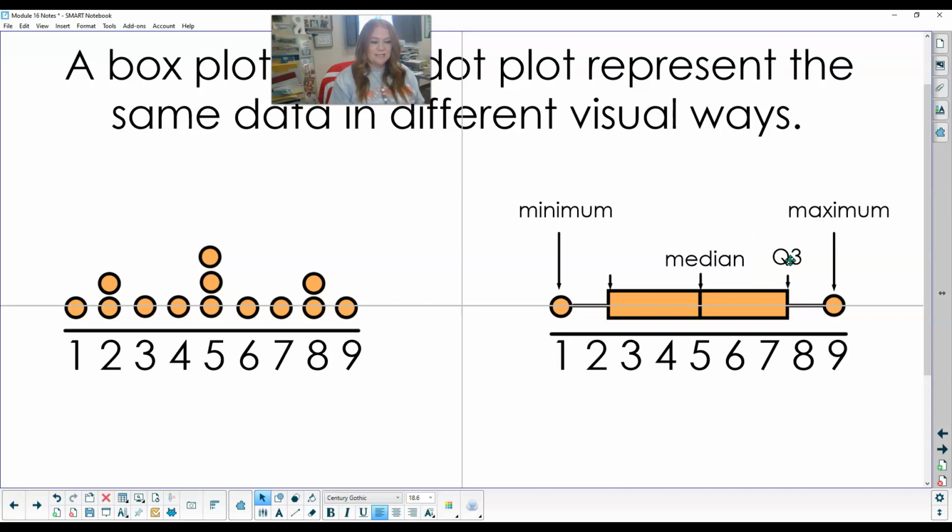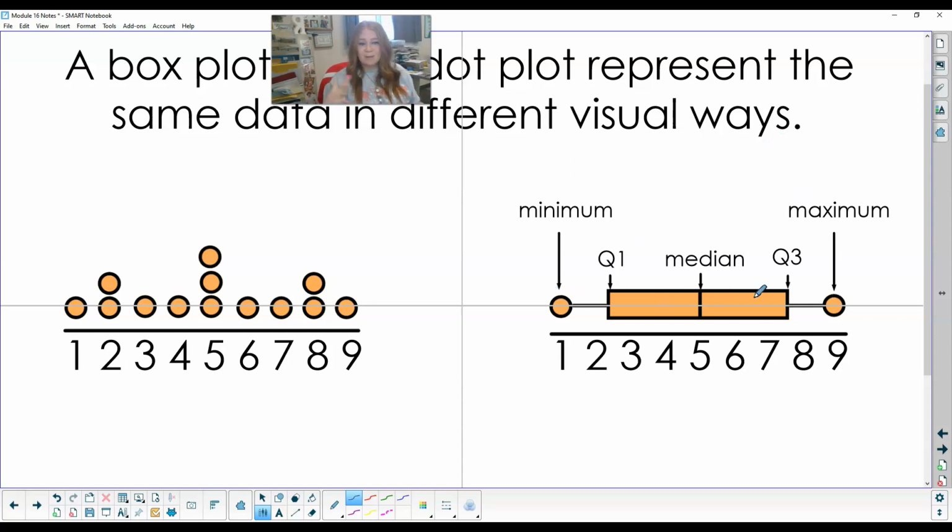Then they did the same thing with the bottom half, and that is Q1. So this is breaking the data up into four different pieces. I can easily identify the lowest value, the highest one, the middle, the middle of the first part, and the middle of the second part.